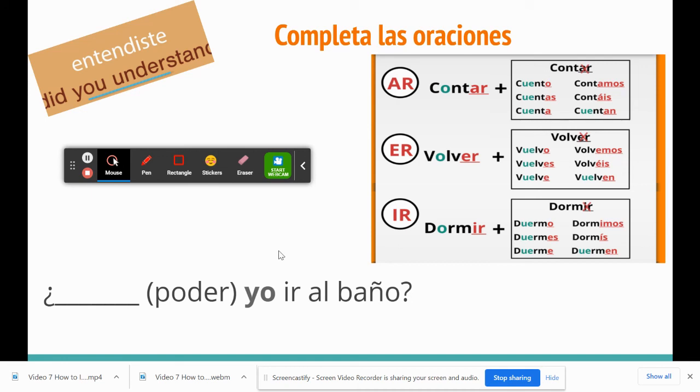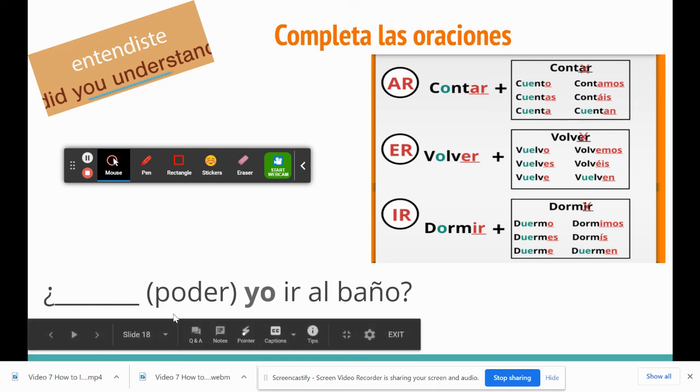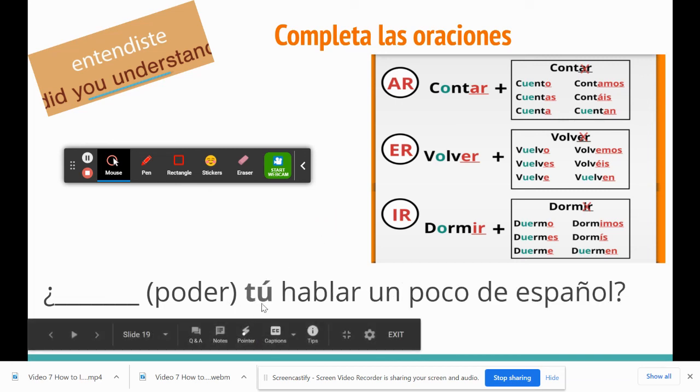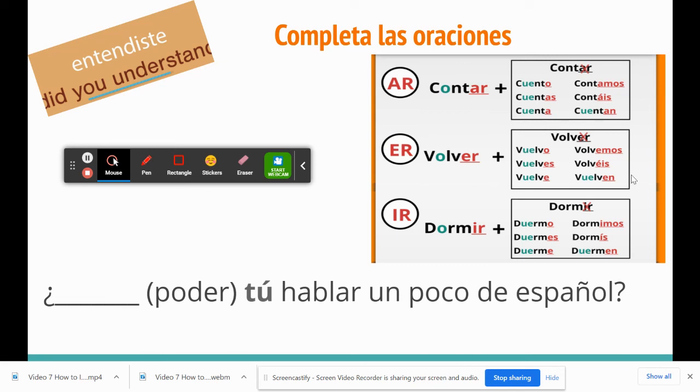Poder yo ir al baño. Poder ends in ER, so your answer should be somewhere in here. 3. Poder tú hablar un poco de español. Poder, ER verb, so your answer should be somewhere here.